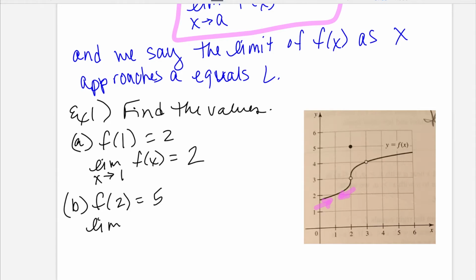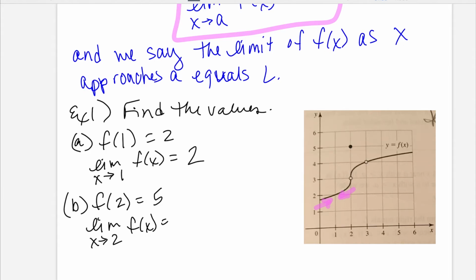But what about the limit? As I approach 2, where does my graph approach? 3. Do I have a value at 3? No. But my graph is still approaching 3, right? That, ladies and gentlemen, is the concept of a limit.